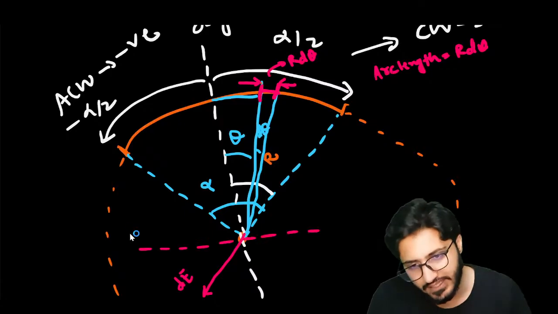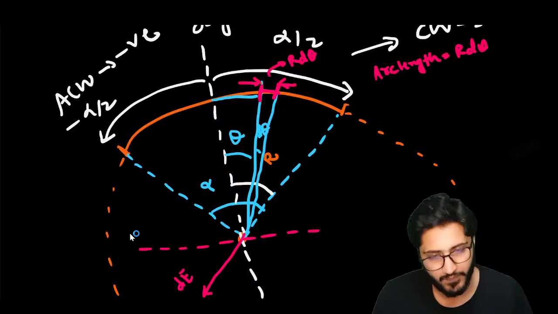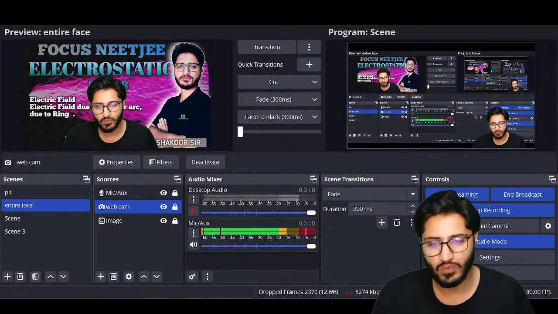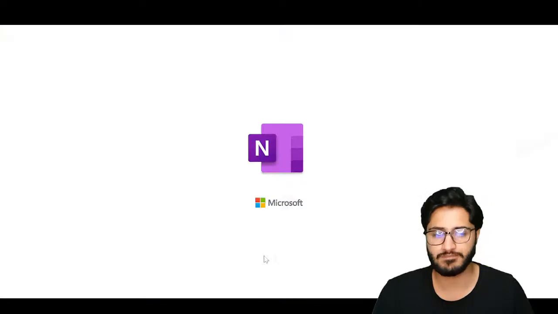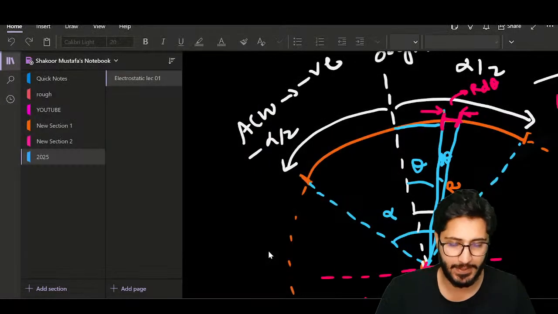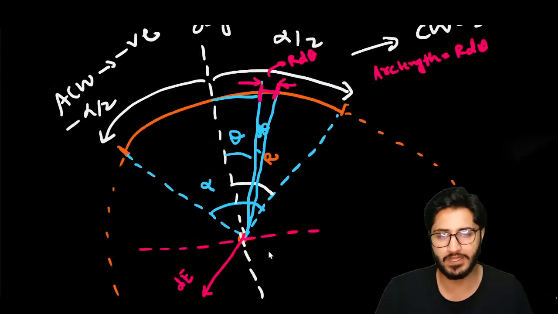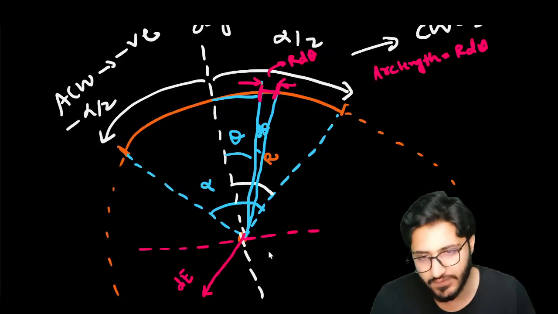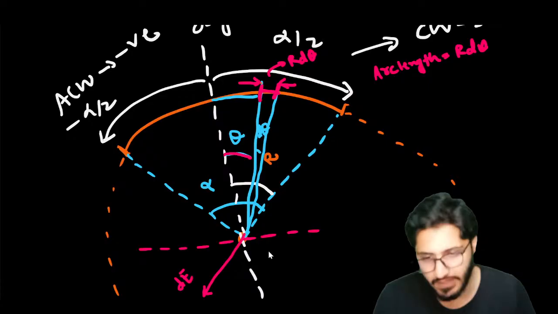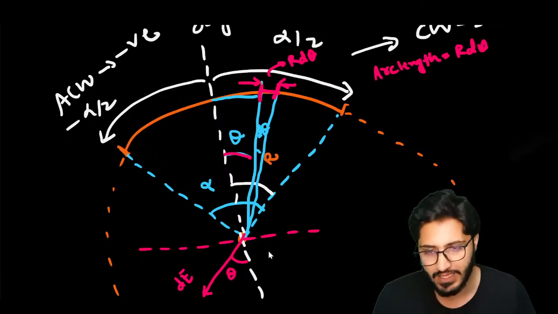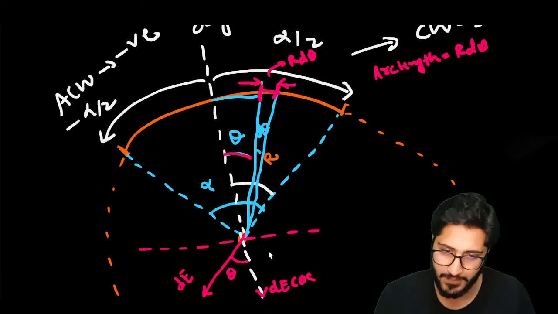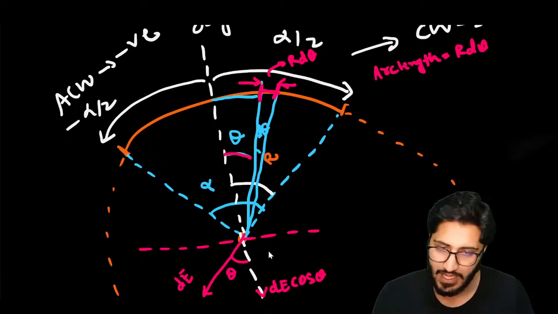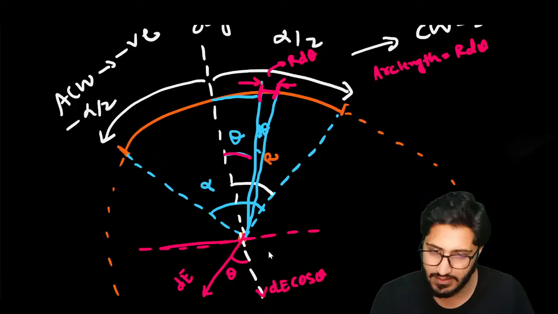If this angle is theta, then this would also be theta. If this is dE, then this would be dE cos theta, and this will be dE sin theta.